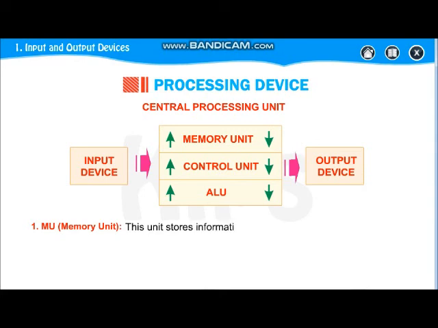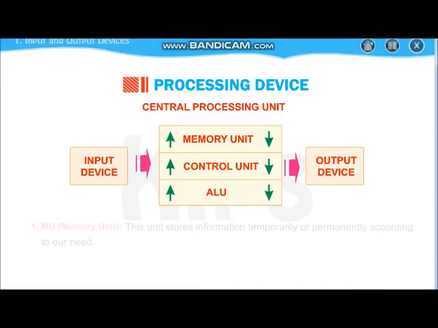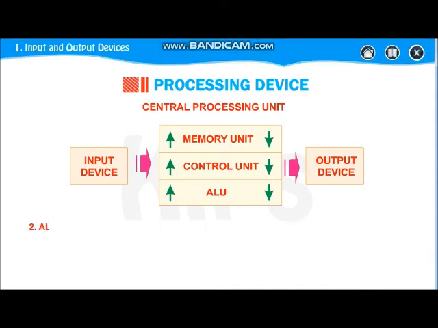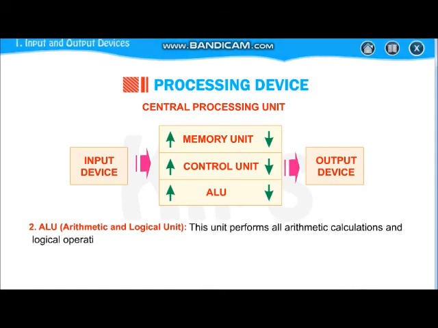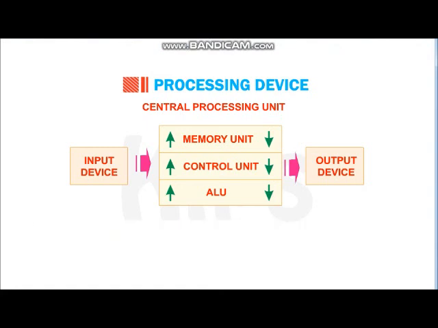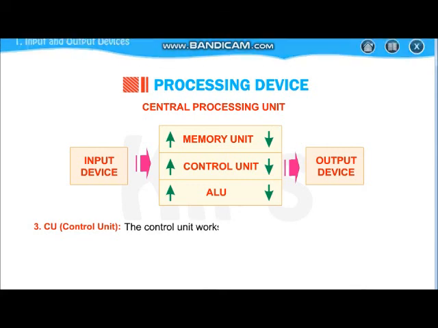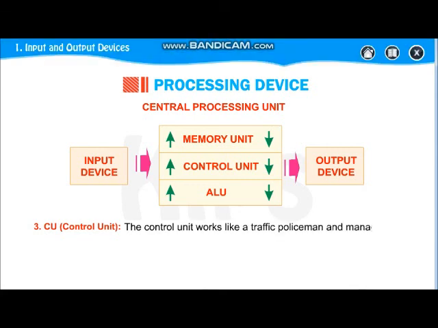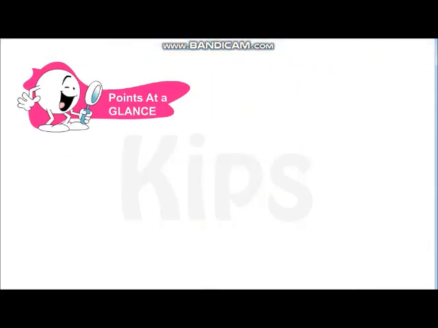Short forms: MU is memory unit, CU is control unit and ALU is arithmetic logic unit. Control unit works like a traffic policeman. A traffic policeman controls all the traffic, like the CU also manages all the operations of the computer.